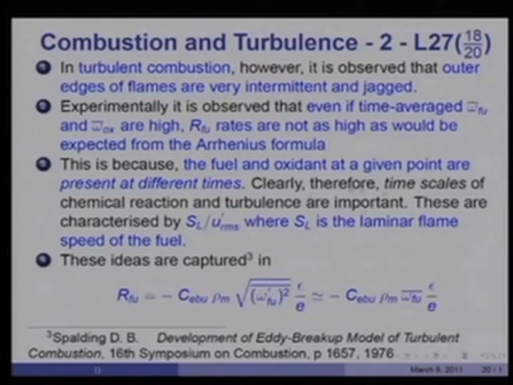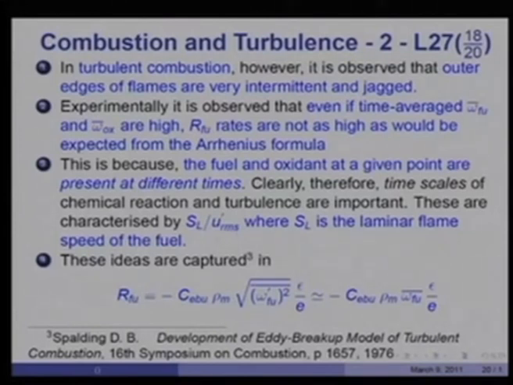Now, of course, the subject matter governing these issues is quite large, but here we would simply say that these time scales are SL by U dash in the RMS sense, where SL is the laminar flame speed of the fuel in question. This ratio determines whether the reaction is dominated by the combustion time scale or by the turbulent time scales.